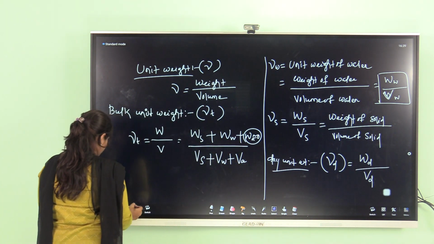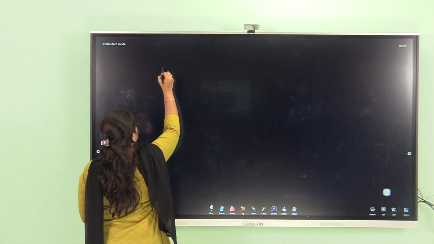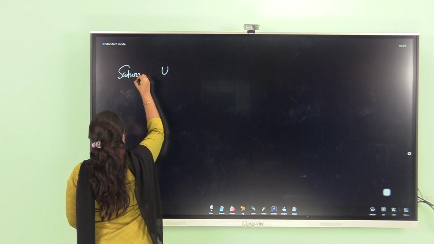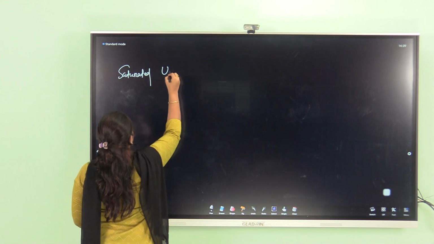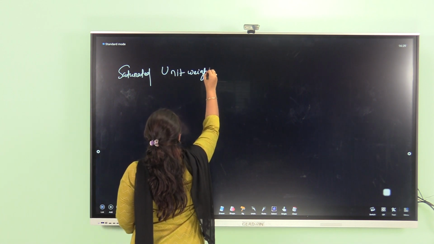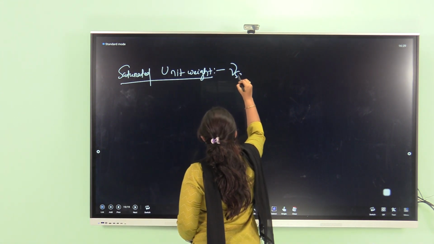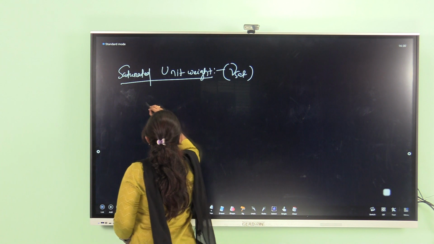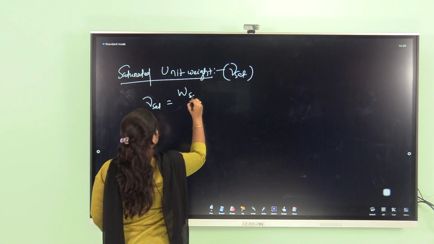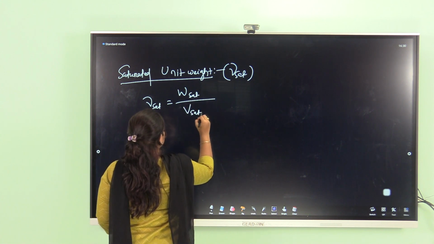Next, saturated unit weight. Gamma saturated is your W saturated by V saturated.